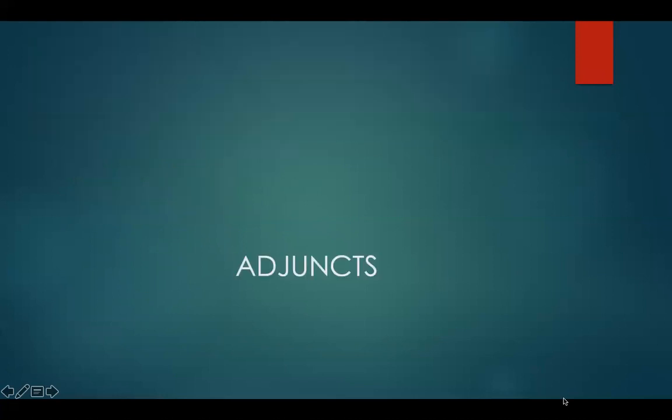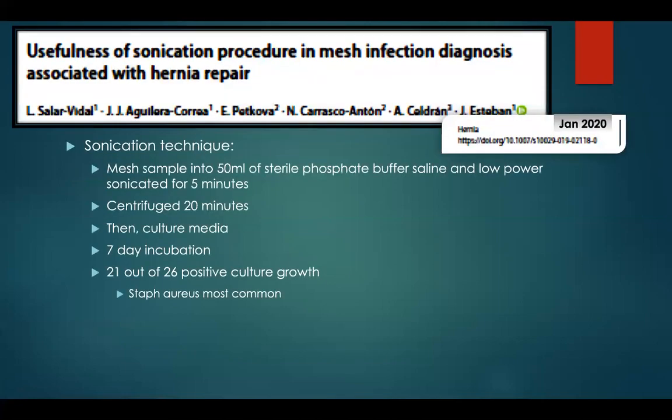So are there any adjuncts you need to consider at the time of treating a mesh infection to really make sure you're clearing it appropriately? A recent publication in January discussed sonication of the mesh sample to gain the highest yield of growth of bacteria that may be on the mesh. So are you taking those cotton swabs and swiping the mesh? Is that going to be enough to show you what bacteria is there?